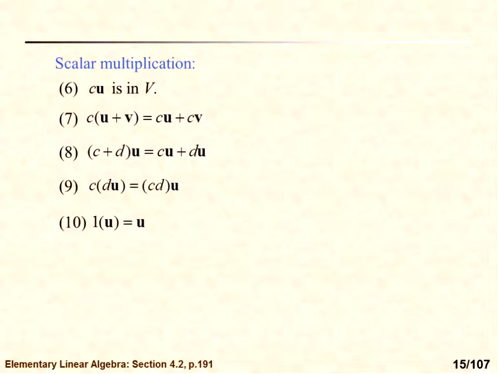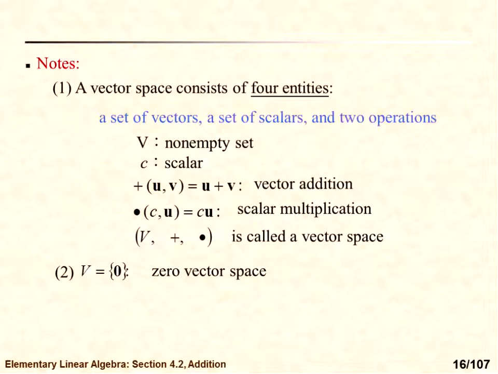There are 10 properties of a vector space. If these 10 properties are satisfied, then we say that it is a vector space. We define a vector space like this: there is a vector addition and a scalar multiplication, denoted by some vector addition and some scalar multiplication.